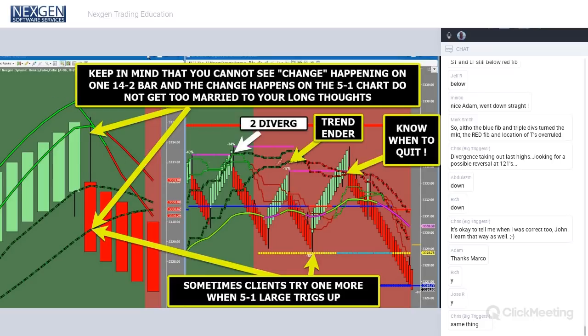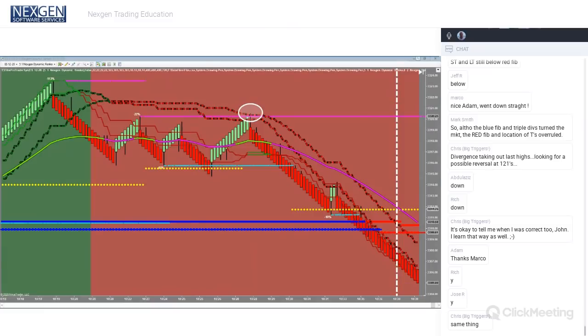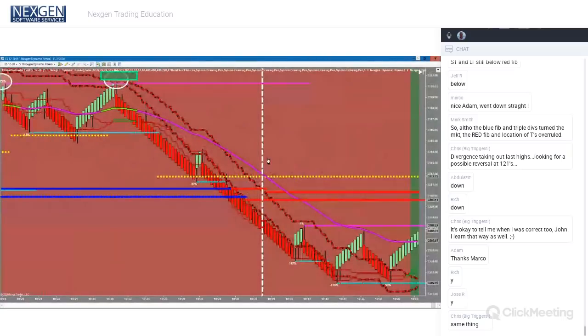The end of a trend looks about like this almost all the time. Trend ender and then a pivot stop out with the triggers going down. That looks very familiar, huh? Divergence with a red background and a pivot stop out with the triggers down, and sure enough, easy to see we're going down.